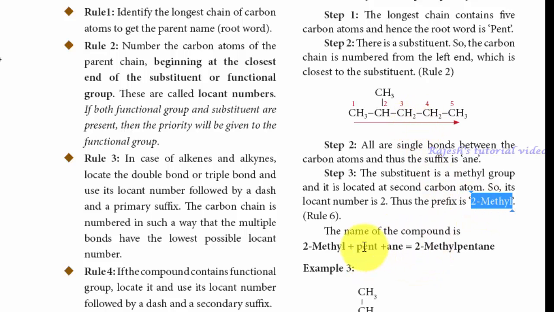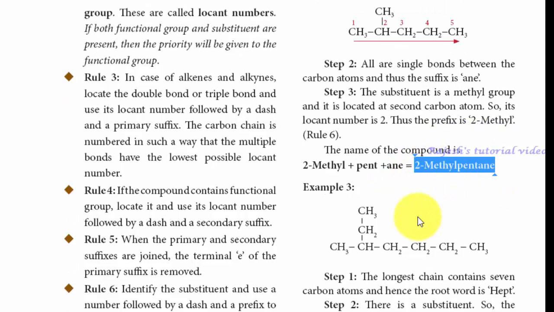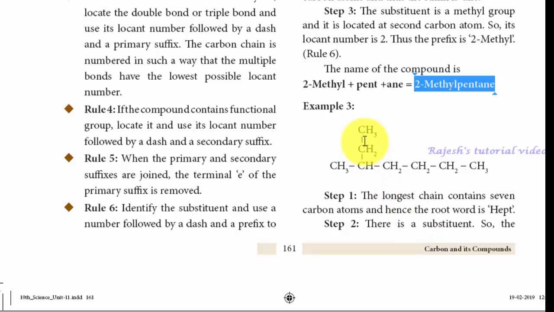So the primary suffix is ane. The group is a methyl group, attached to the second carbon, so the locant number is 2. So the prefix is 2-methyl. So 2-methyl plus pent plus ane: 2-methylpentane.